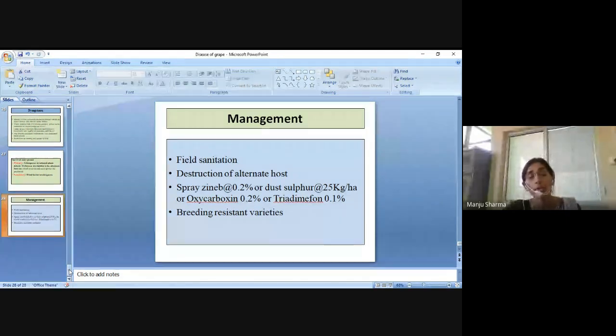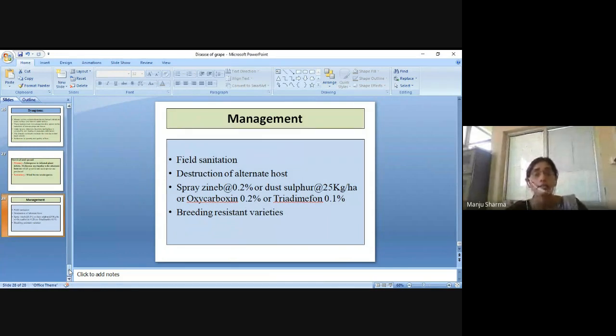Before using any type of chemicals, like fungicide, bactericide, insecticide, pesticides, etc., there are some cultural practices by which we can also manage all types of diseases. Cultural practices in the sense like field sanitation, roguing, protection, eradication. These are all cultural practices.